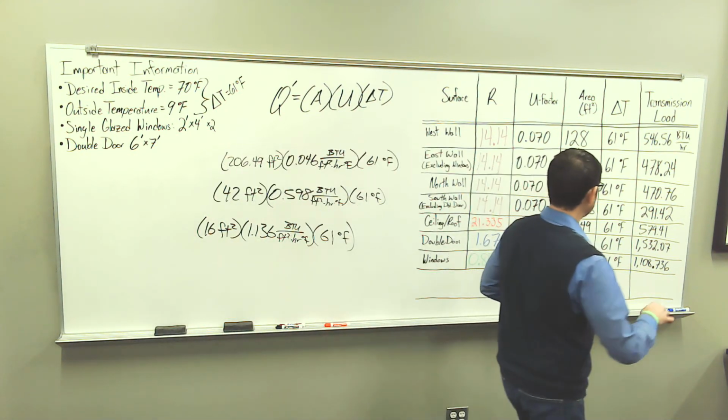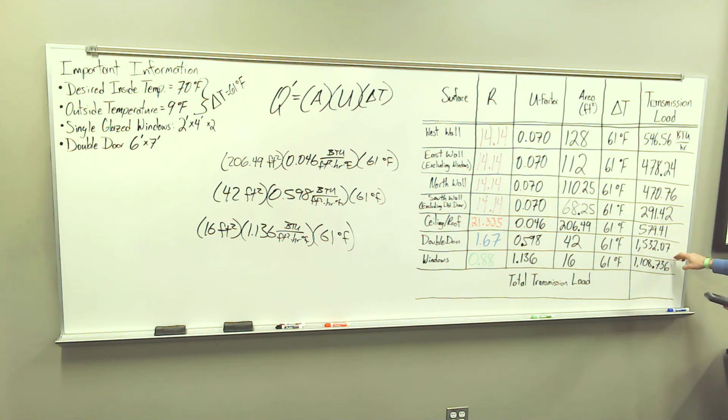Okay, so let's sum these 7 values here. And I get 5,007.2 BTUs per hour.